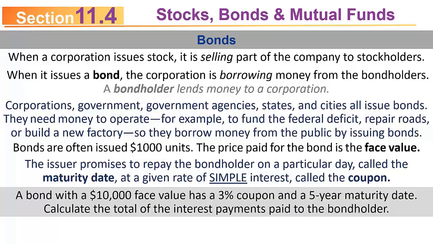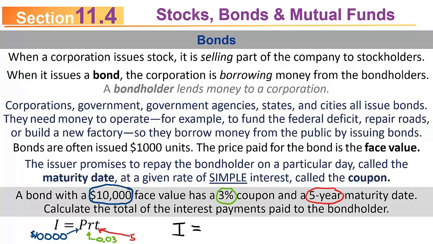For example, a bond with a $10,000 face value has a 3% coupon and a 5-year maturity date. Calculate the total of the interest payments paid to the bondholder. Again, it's simply I = PRT. It's a $10,000 face value, so that's P. The interest rate's 3%, so that's 0.03, and you're doing it for 5 years, so T is 5.